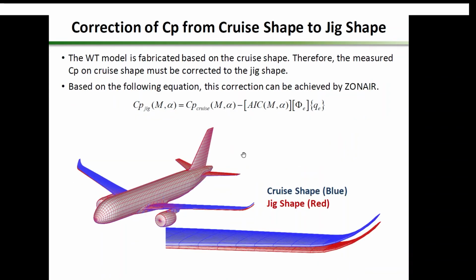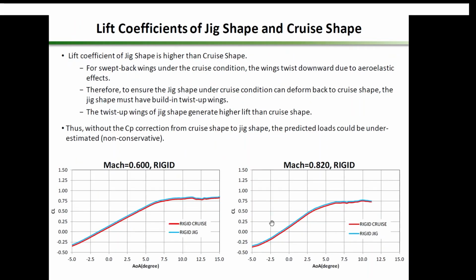And so you can see we can plot it. The blue one is the desired shape, and the red one is the jig shape. So under the cruise condition, the wing will deform from the red jig shape to the cruise shape, and the cruise shape is the desired shape, which gives us the best L over D.